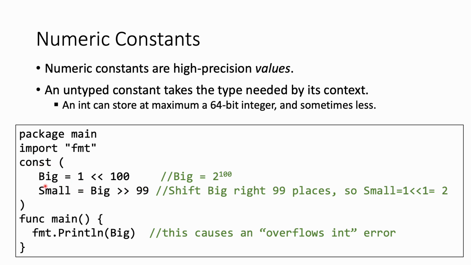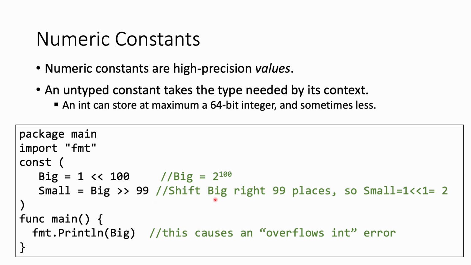And so the constant big is defined to be equal to 1 left shift 100. So note that 1 left shift 100 is equal to 2 to the 100, and small is equal to the value of big right shift 99.